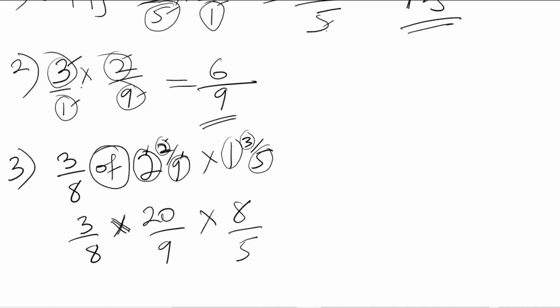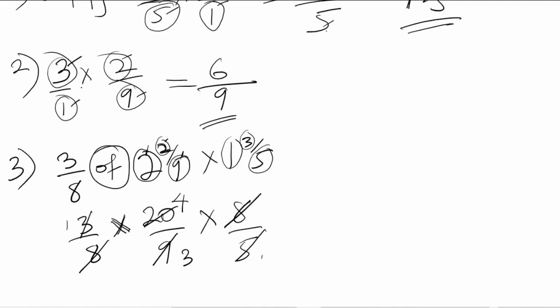So we just cancel out this 8, we cancel out this 8. 5, we cancel out 5 here, and you cancel this 20 to become 4. This 3, we cancel this 9 to become 3.